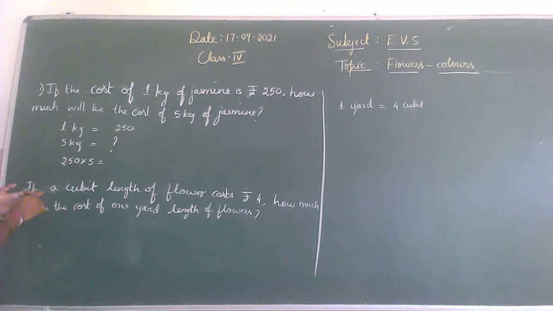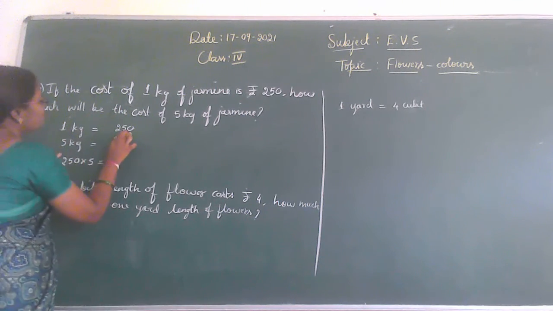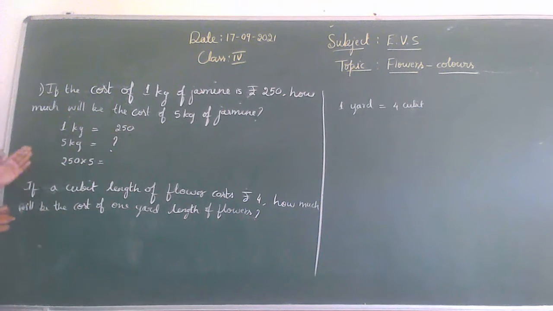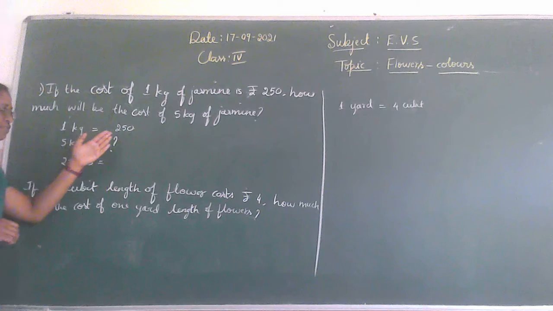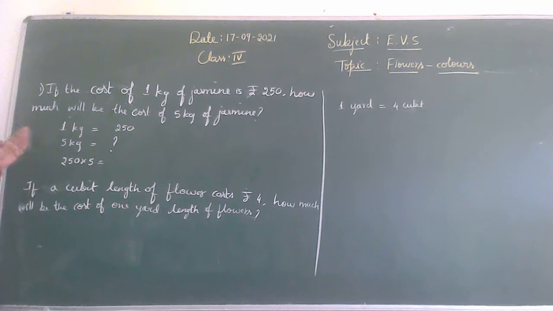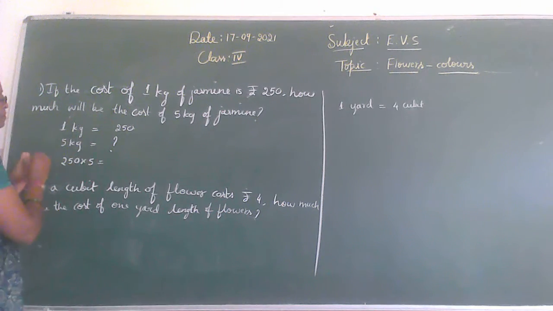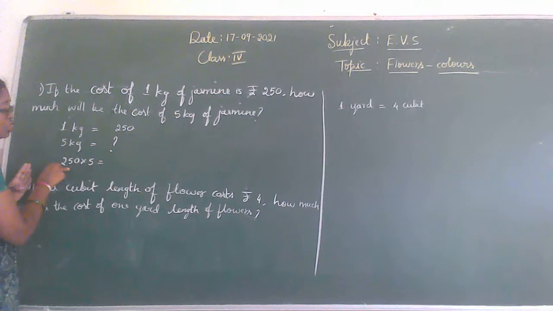So 1 kg, its price is 250. If 1 kg of jasmine is 250, then we need to find the cost of 5 kg. So that's why we need to multiply by 5. We need to find out 5 kg, but we already know the 1 kg cost, is it?